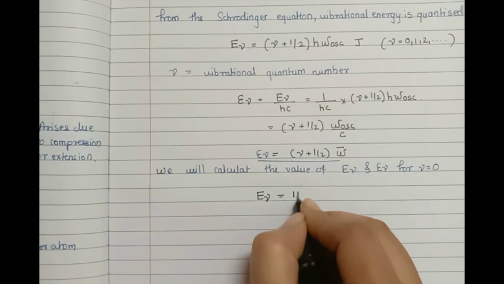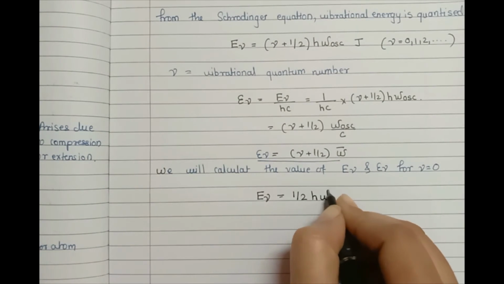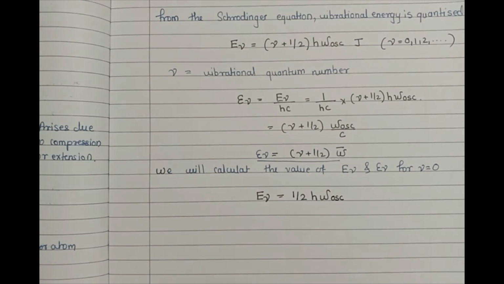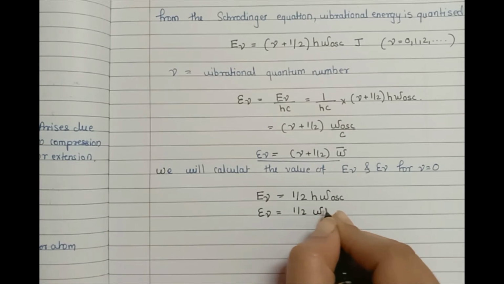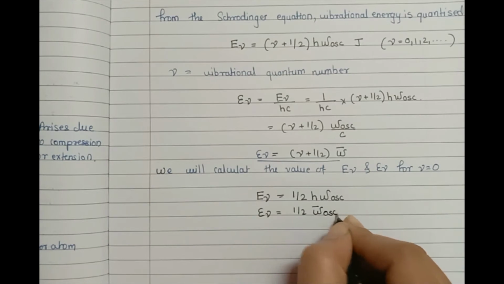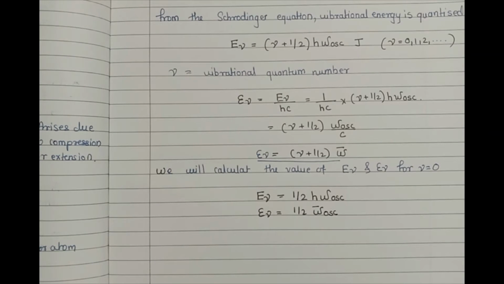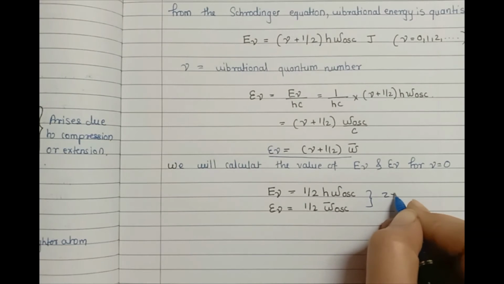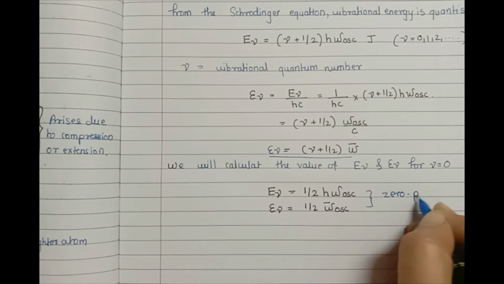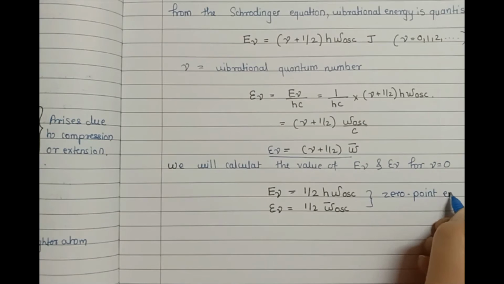So E nu is equal to 1/2 h omega oscillation, and epsilon nu is equal to 1/2 omega bar oscillation. Is it clear? That means this is known as zero-point energy, that is, energy at nu is equal to 0. So what does this imply?